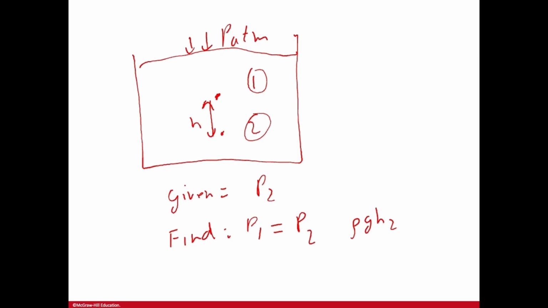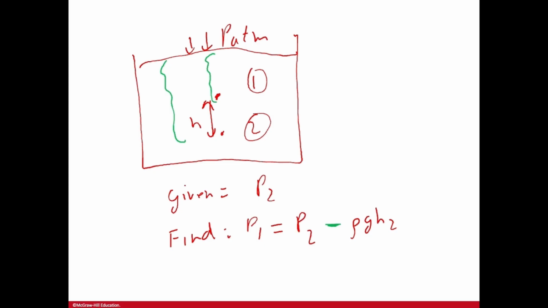Since it's above, there's less liquid column, so there is less pressure or weight acting at 1 compared to 2, which is much deeper. So there's a larger liquid column. So pressure at 1 will be less than pressure at 2. Hence, with respect to 2, it has to be smaller. So you'll have to subtract this.